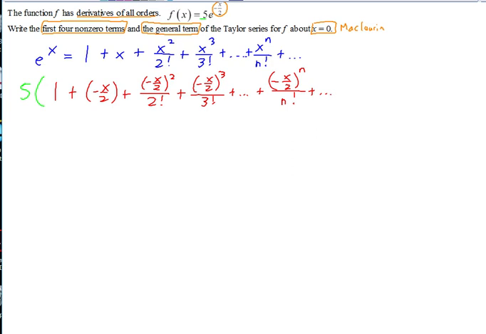And again, that whole thing is multiplied by 5. Let's first simplify inside the parentheses, and then we'll distribute the 5 at the end.